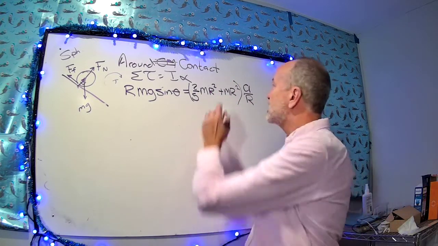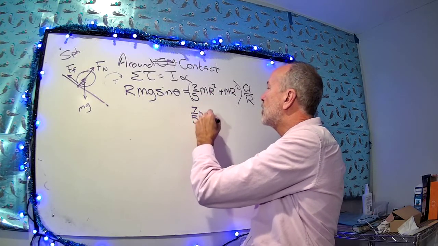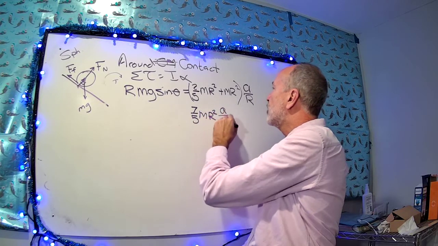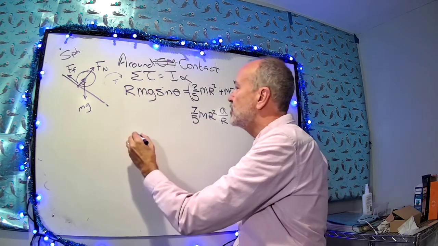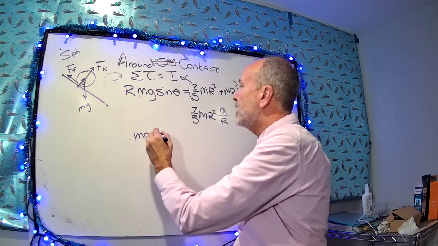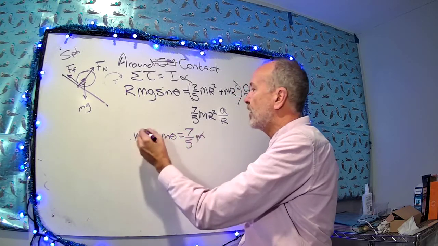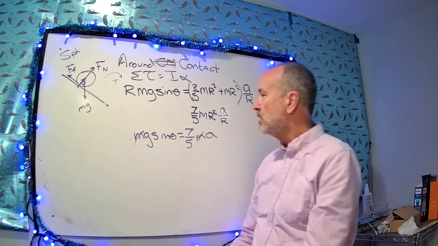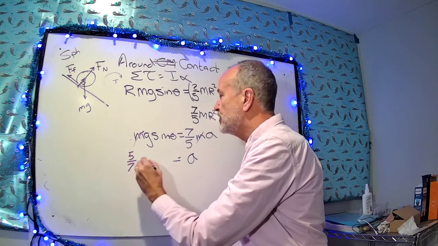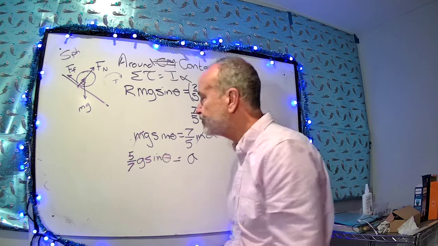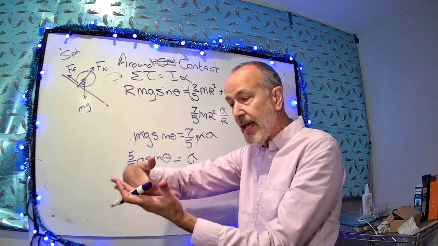By the way, 2/5 mr squared plus mr squared is 7/5 mr squared, A over R. And then you'll see R squared divided by R is R, the R's cancel, so you just end up with this nice mg sine theta equals 7/5 m, those m's will cancel, times A. So the acceleration A is 5/7 g sine theta.